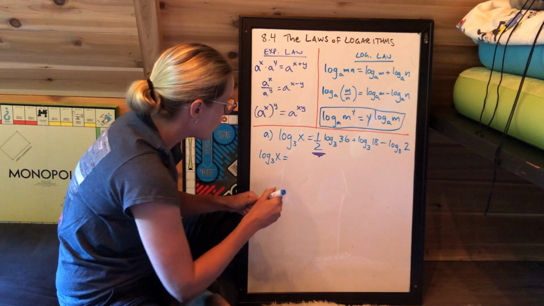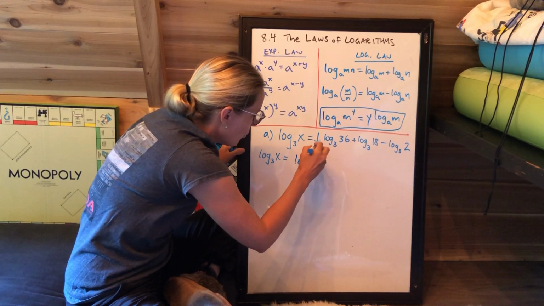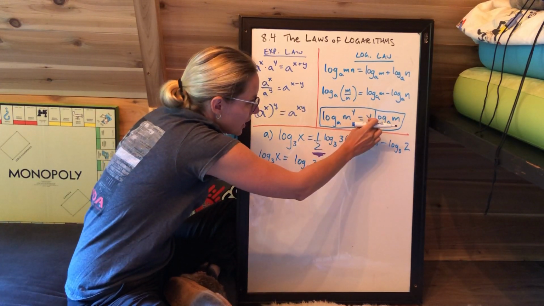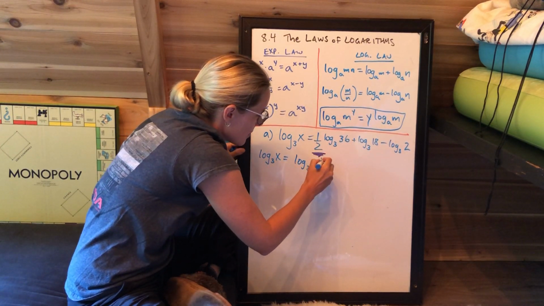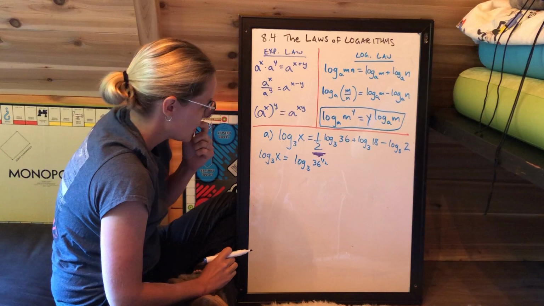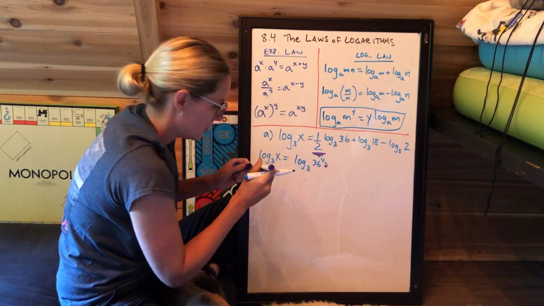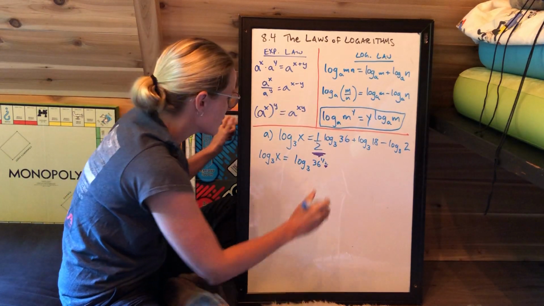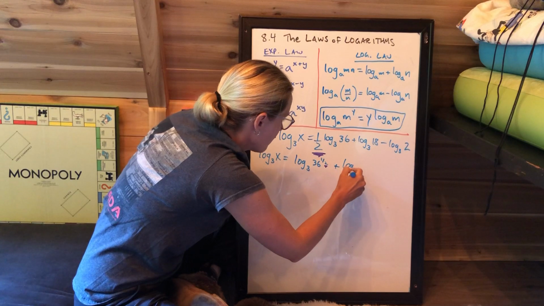So what we want to do right away is we're going to leave this here, but we're going to bring the 1/2 that's currently out in front back up to be the exponent on our m value, which in this case is a 36. So all I've done here is take the 1/2 that's out front and put it back up there. Okay, so I'm just using this law in reverse. And then I'm going to leave these as they are for now.